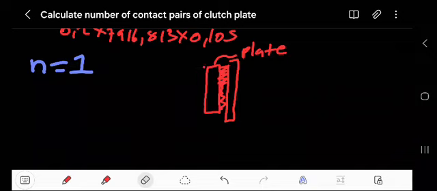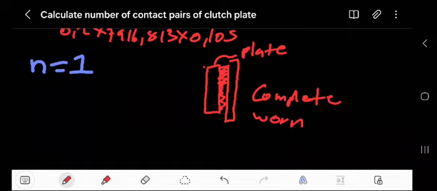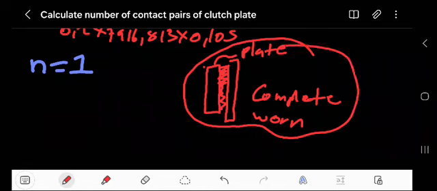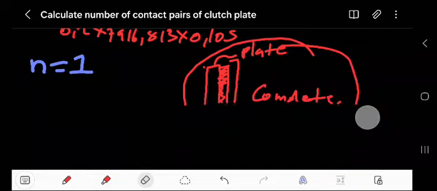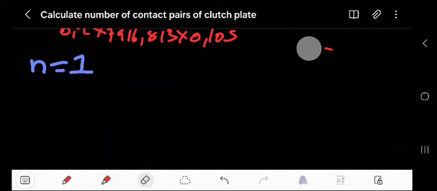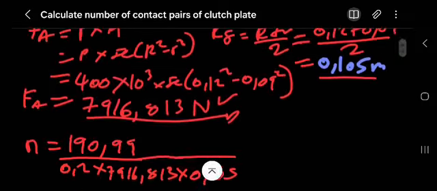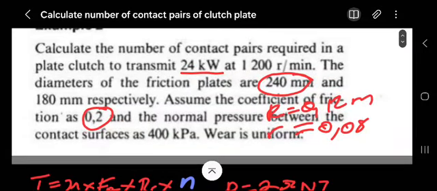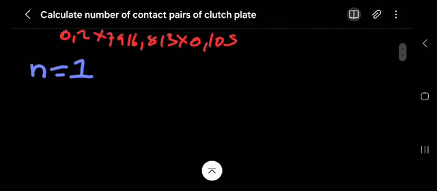This is a completely worn clutch, not a complete clutch. It's very worn. Actually, this thing is doomed. As it is in mechanics, this is doomed. It's very bad.